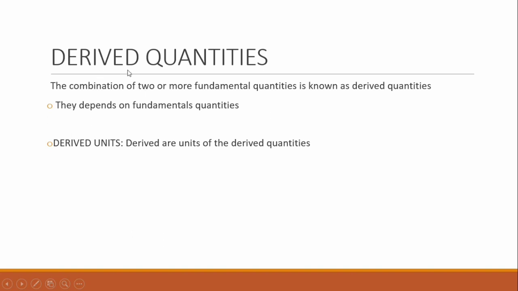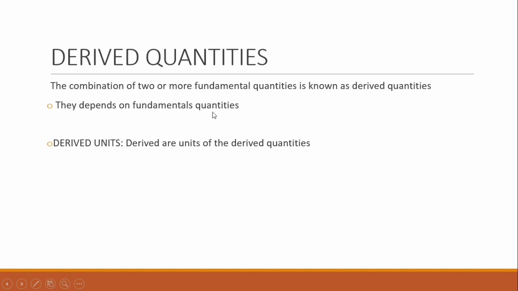Now, what are derived quantities? When you have 2 or more fundamental quantities combined, you have what is known as derived quantities. Derived quantities cannot stand on their own. They depend on fundamental quantities.